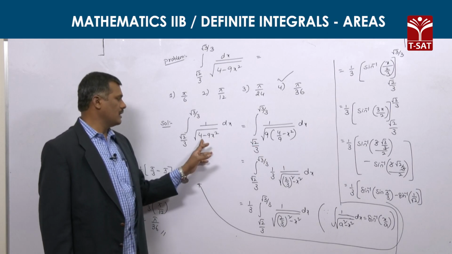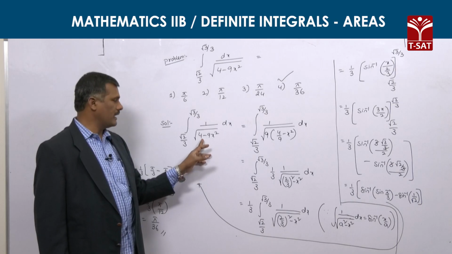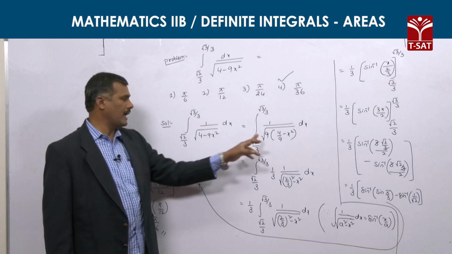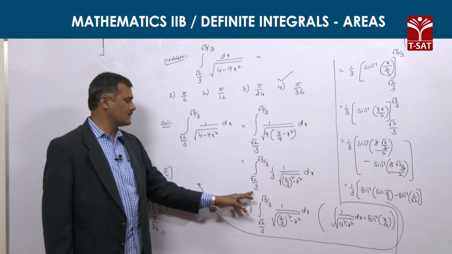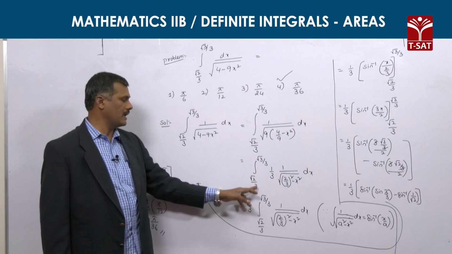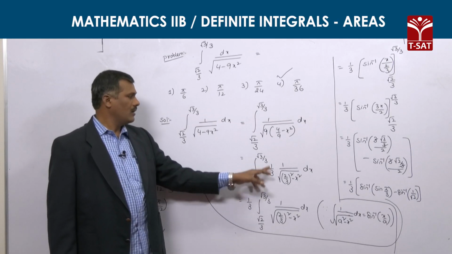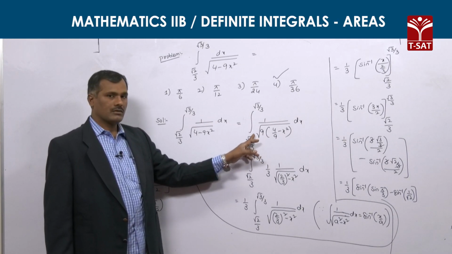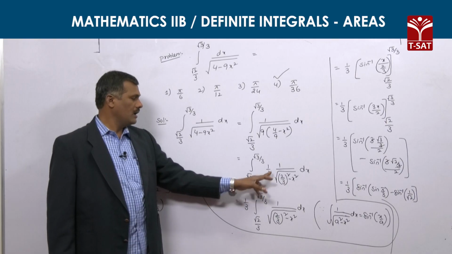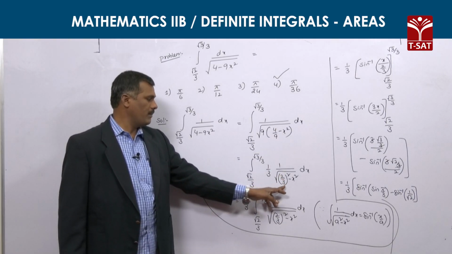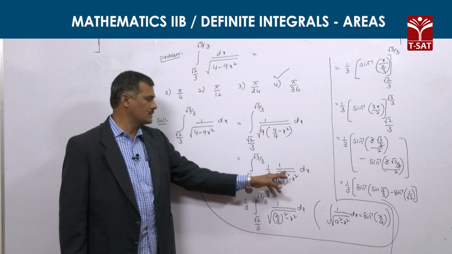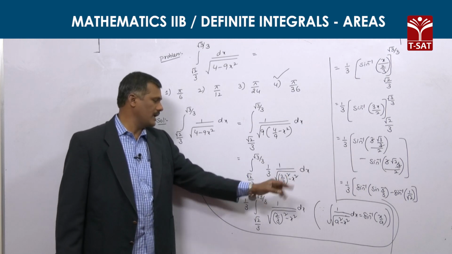Dividing by 9, 4 by 9 minus x square. Outside the root, 9 becomes 1 by 3, into 1 by under root, 4 by 9 written as a perfect square, (2 by 3) whole square minus x square dx.